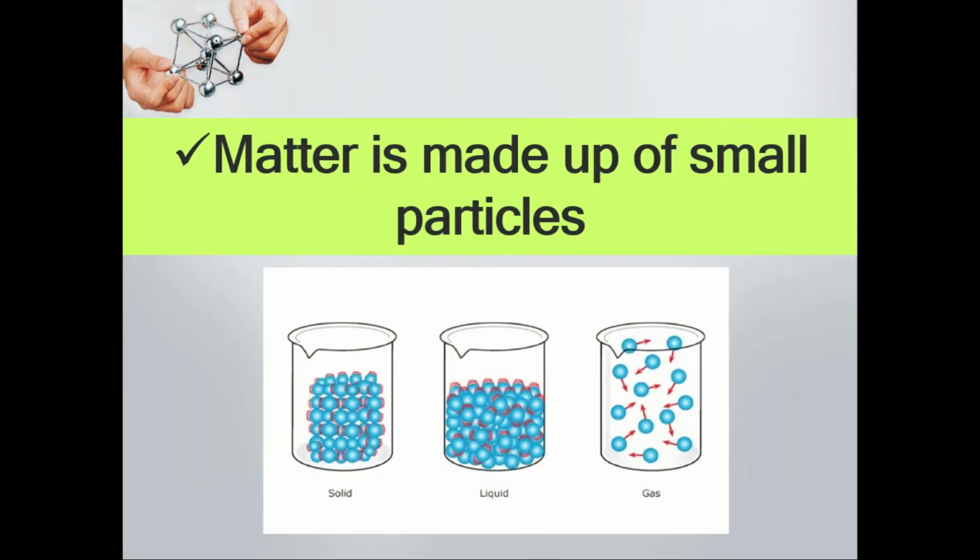First fact about matter is that matter is made up of small particles. As we all know, solid, liquid, and gases are composed of molecules, atoms, and even smaller particles like the protons, neutrons, and electrons.